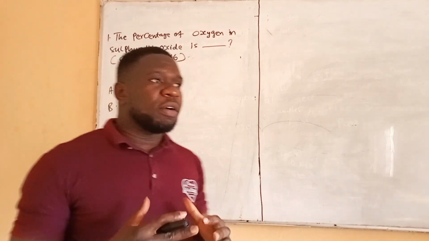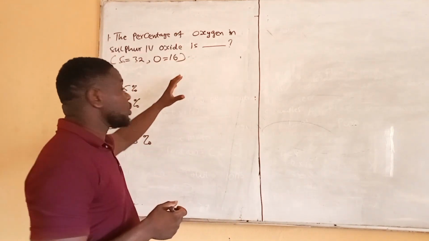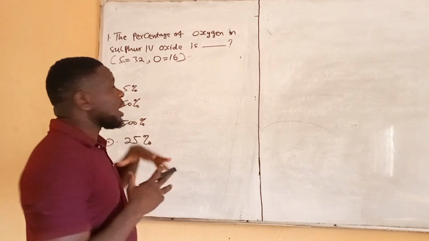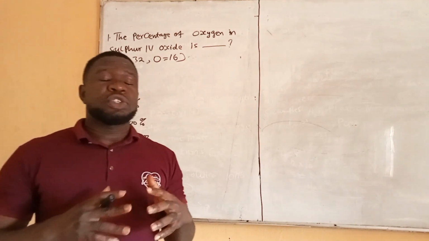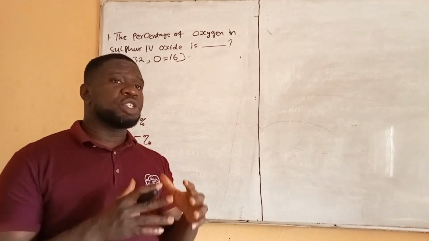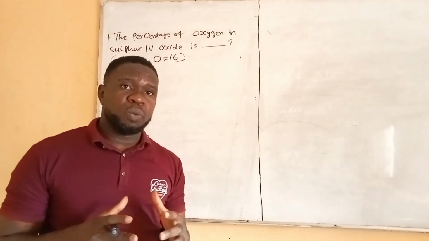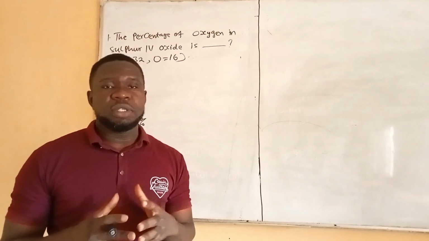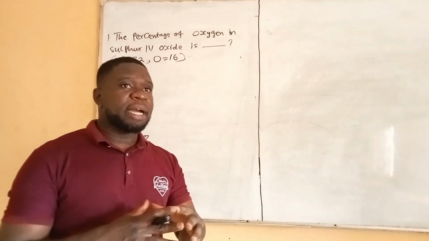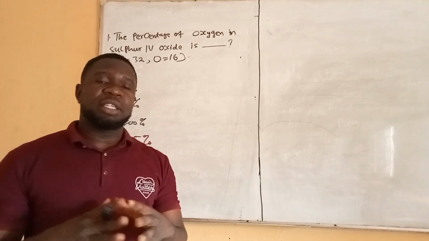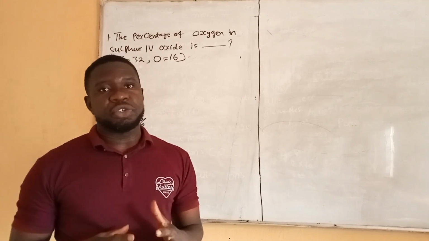The chemical symbol for oxygen is O, and the chemical symbol for sulfur is S. But sulfur(IV) oxide means that the oxidation state of sulfur there will be +4, meaning that the oxidation state of oxygen has to be -4. And we know that by convention, the oxidation state of oxygen is -2.